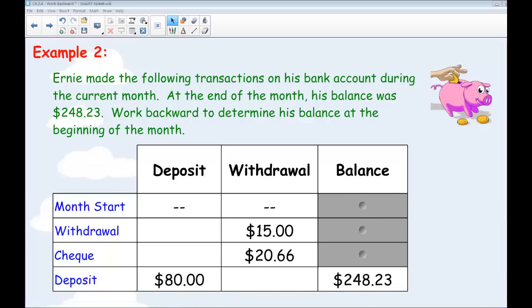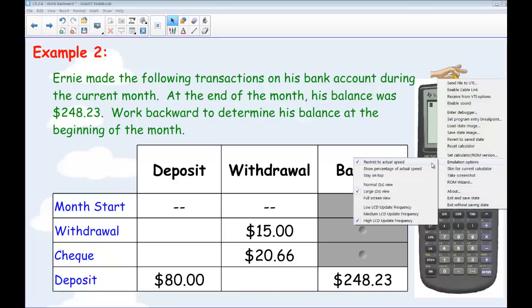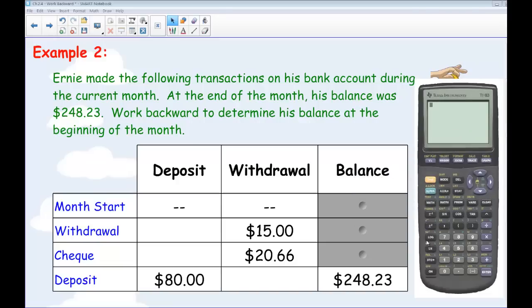So I'm going to take out my handy dandy calculator here. I'm just going to leave that on top of my screen. And I'm going to start off with $248.23. That's what's sitting in the bank account at the end of the month. Now, there was a deposit that was made for $80. So prior to that deposit, there was less money sitting in the account.